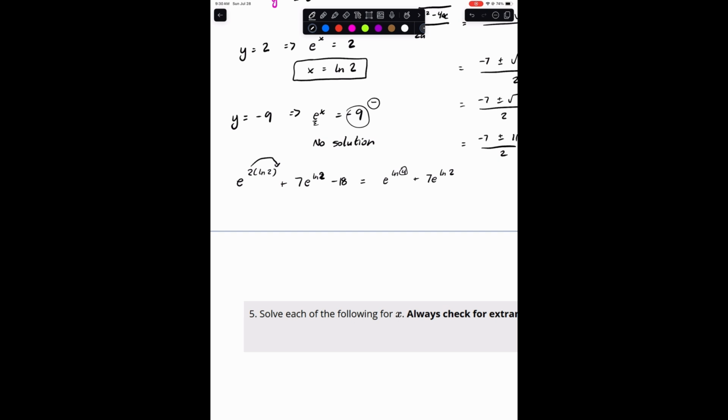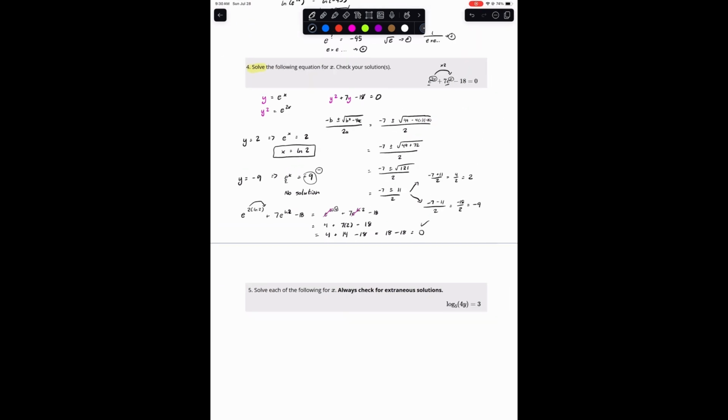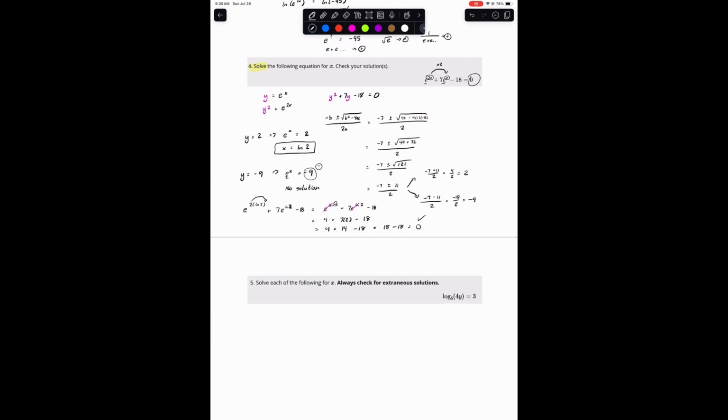Minus 18. The e's cancel out with the natural log. We get 4 plus 7 times 2 minus 18, which is 4 plus 14 minus 18, which is 18 minus 18, which is 0. And indeed, that is what we want.